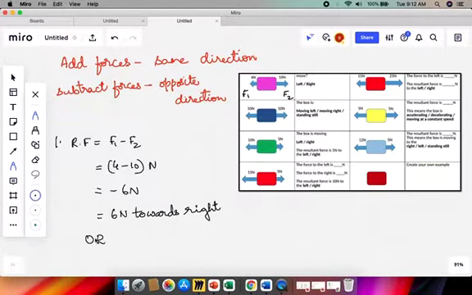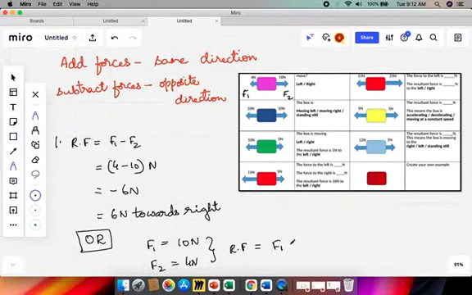Now, what happens if I choose 10 Newton as F1 and 4 Newton as F2? That is the second choice, which is also correct. Or we can take F1 equal to 10 Newton and F2 equal to 4 Newton. So according to this, the resultant force will be F1 minus F2, because my first force is 10 Newton. This is my reference. So 4 Newton is opposite to my reference force.